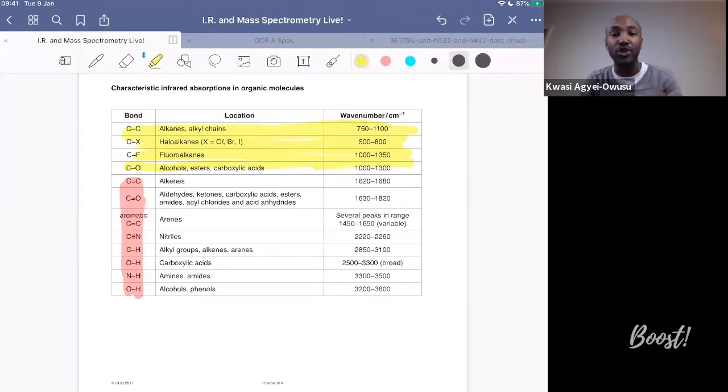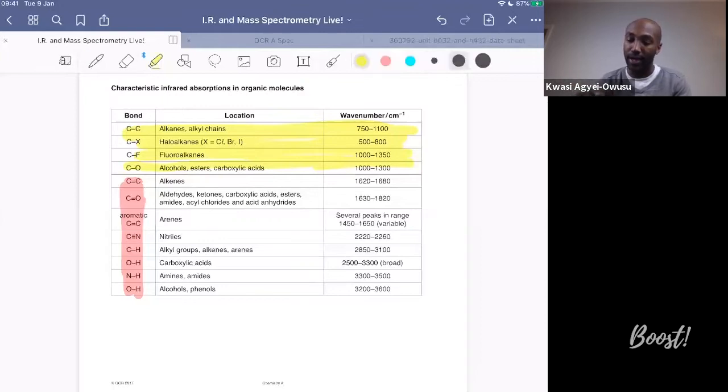If, however, you don't have your molecule already in a database, then you do need to use the wave numbers that I have highlighted in pink, going from your alkene double bond to your OH bond.